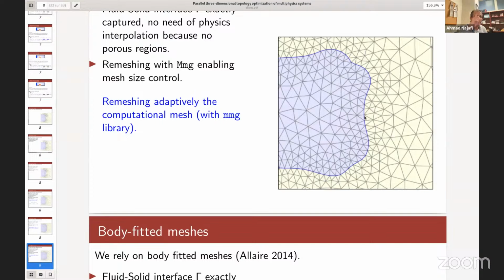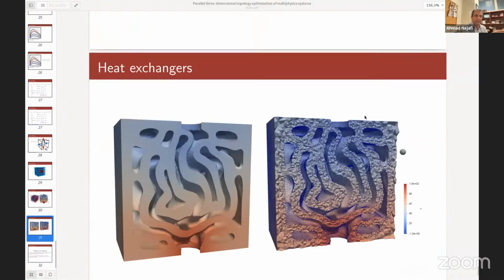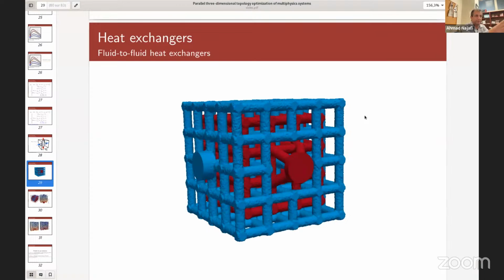Okay. And my last question, if I have time: in several of your examples, you have an initial design. For example, in the last example that you showed, how sensitive is your final solution to my initial assumption? If I change this, how will this change impact my final solution?